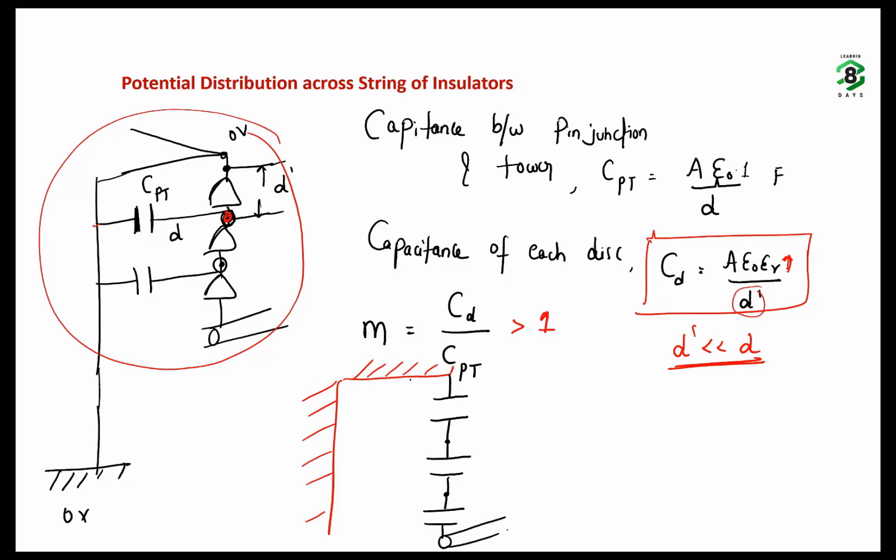I'm calling this the capacitance of the disk, M times the capacitance between the pin junction and tower.